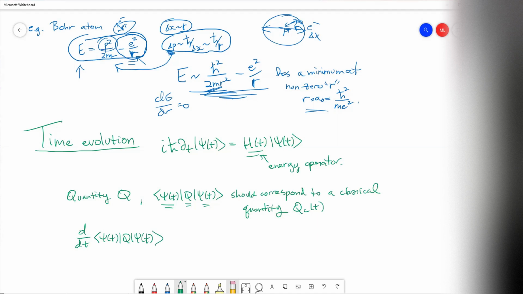We can calculate the time derivative of this expectation value, right? And this is easy. You just do the product rule, just like in the homework. The product rule distributes the derivative over these three things. So you get minus 1 over i h bar, bra psi of t, this hits this psi, brings out an H here, and then the rest follows.